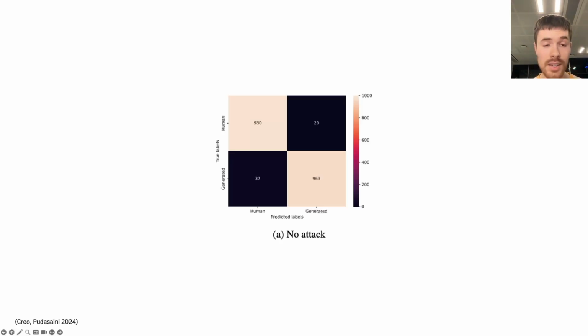And what we can see here is that for a specific classifier, this is just one of the different classifiers I studied, we have a very good classification. We can see that most of the texts that are human are classified as human, and most of the texts that are generated are actually classified as such. So that's very good. That's what we would like to see. This is perfect. But the question is, what happens if we start putting homoglyphs here?